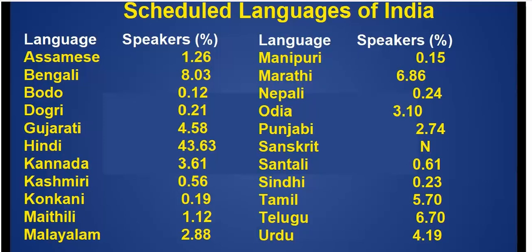You can see all these languages here: Assamese, Bengali, Bodo, Dogri, Gujarati, Hindi, Kannada, Kashmiri, Konkani, Maithili, Malayalam, Manipuri, Marathi, Nepali, Udiya, Punjabi, Sanskrit, Santhali, Sindhi, Tamil, Telugu, and Urdu. These are 22 scheduled languages of India.